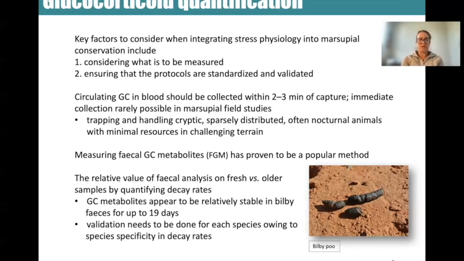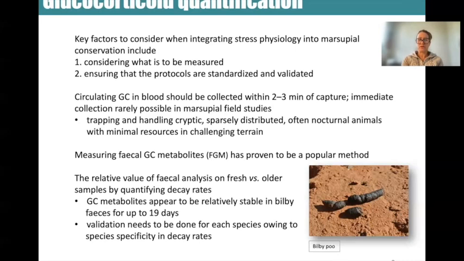Because of these challenges, measuring steroids in the faeces of marsupials has proven to be a very popular method. So the relative value of fecal analysis on fresh versus old samples by quantifying decay rates showed that glucocorticoid metabolites were relatively stable in bilby faeces for up to 19 days.